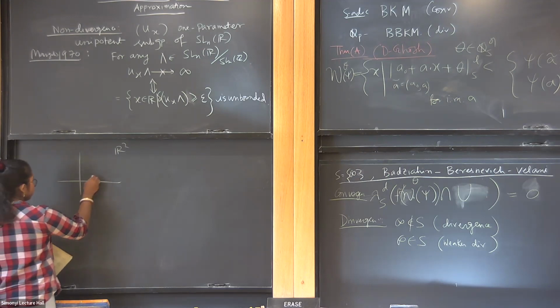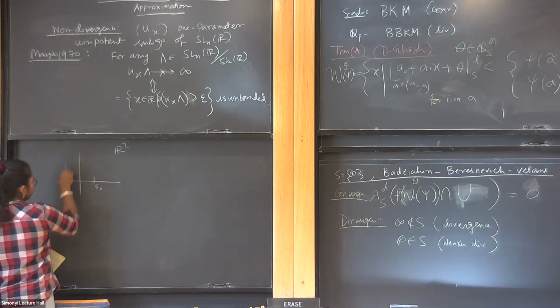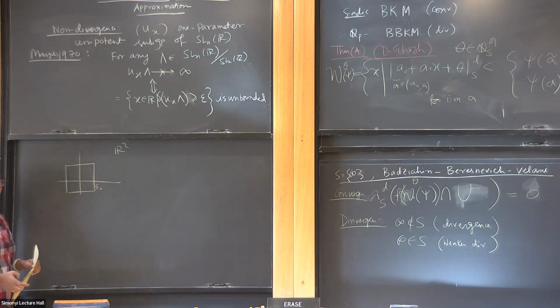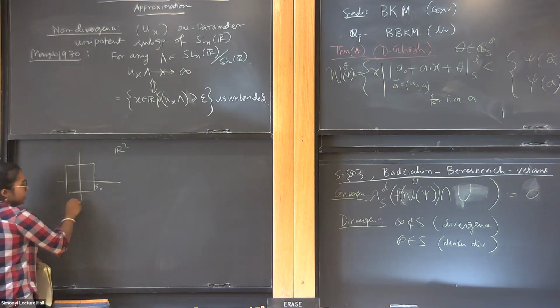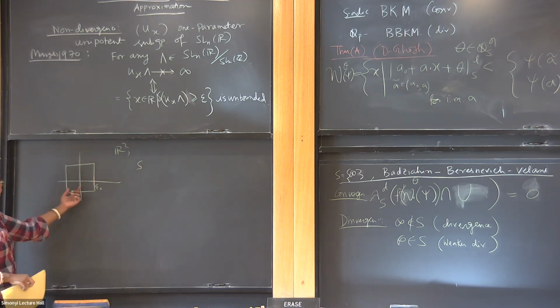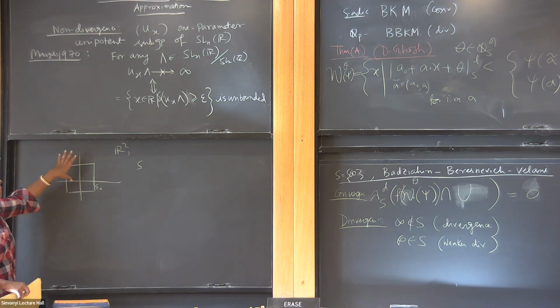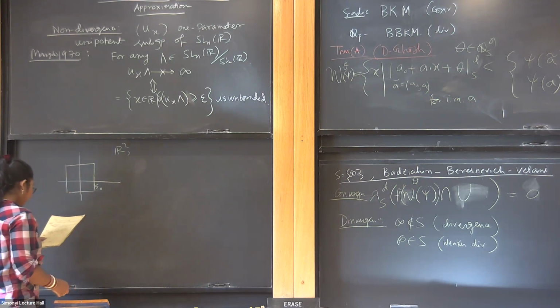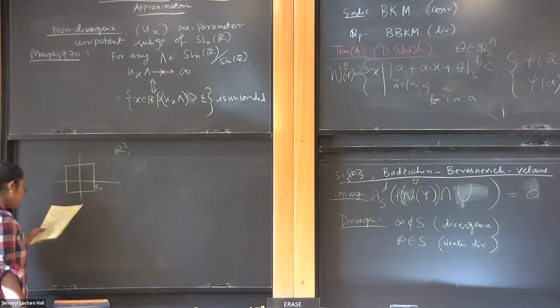So there should be an ε_0 such that in this box you cannot have two vectors of a lattice, not of any lattice but unimodular lattices, because otherwise the volume of the fundamental domain would not be 1. Let's say that is the ε_0.